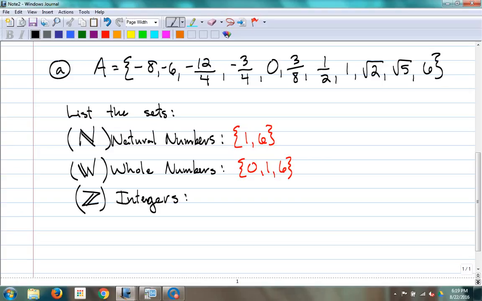What do we got? 0, 1, 6, -6, -8. Okay, and then what about this -12/4? It's written as a fraction, but what is that? What's -12/4?